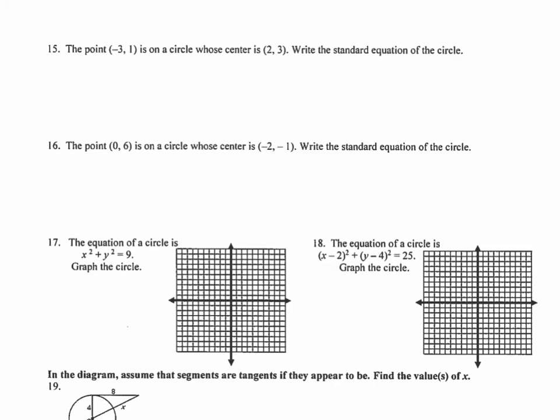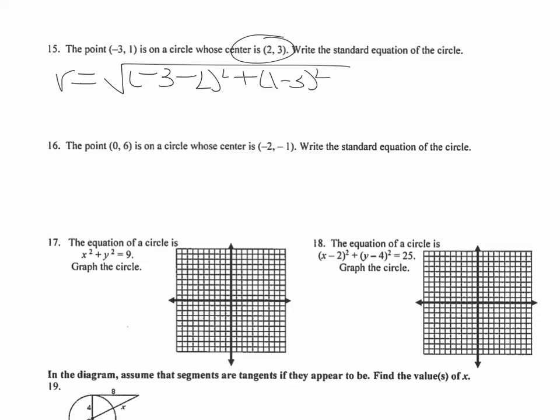Now look at 15. The point (-3, 1) is on the circle, and my center is (2, 3). So I know my center; I have to find my radius. I have to do the distance formula. Negative 3 minus 2 squared plus 1 minus 3 squared. I get 25 plus 4, which equals the square root of 29.